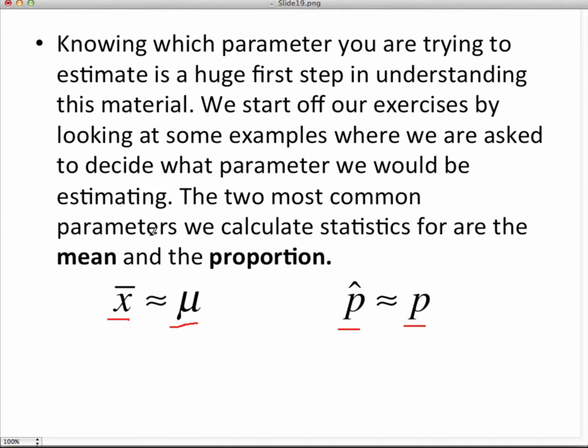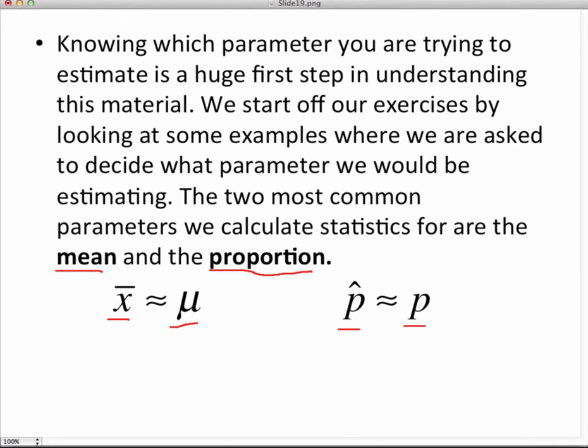So knowing which of these two parameters we're working with, or which of these two we're trying to estimate, is a huge first step in understanding how to do confidence intervals and hypothesis testing. So we're going to start off the exercises for this section by looking at some examples where we decide what is a parameter and what would be an estimate. And again, the two most common ones we're going to be working with are the mean and the proportion.